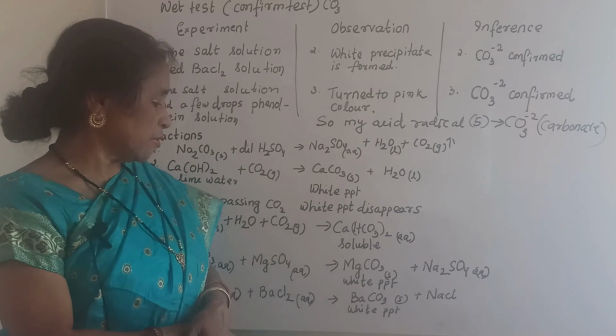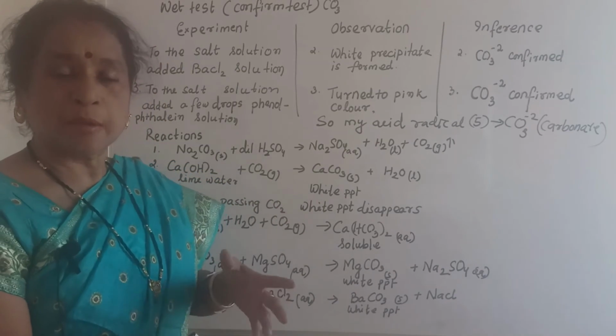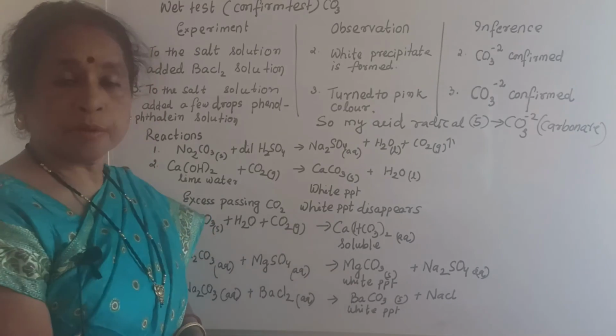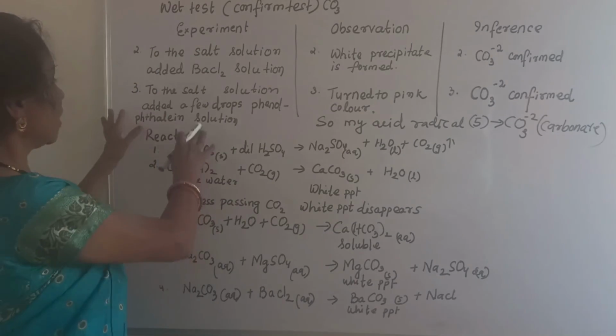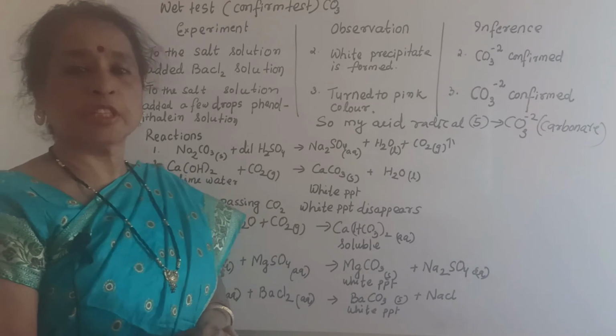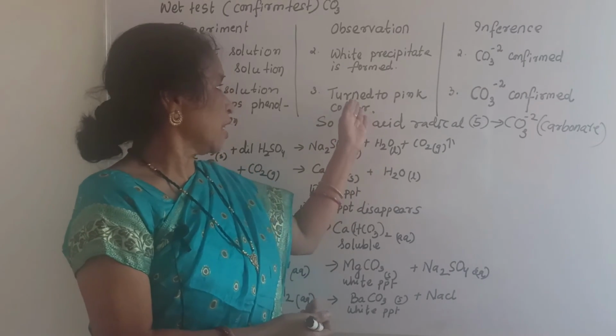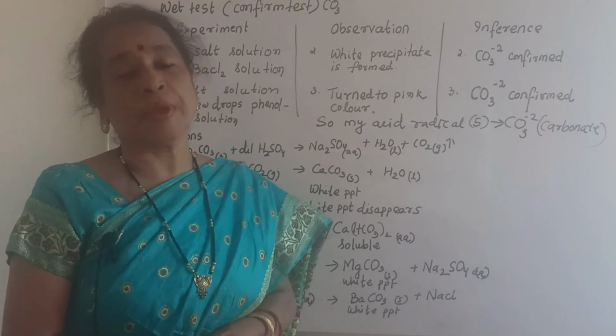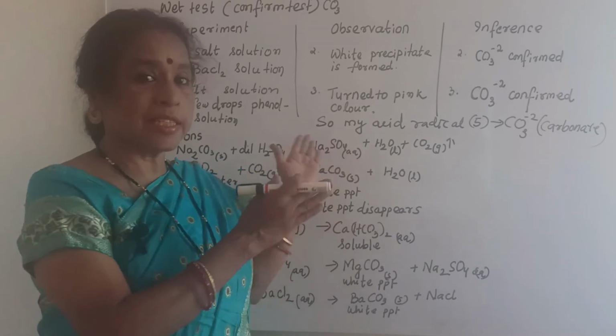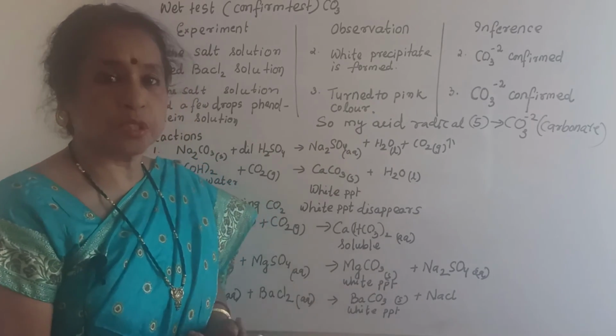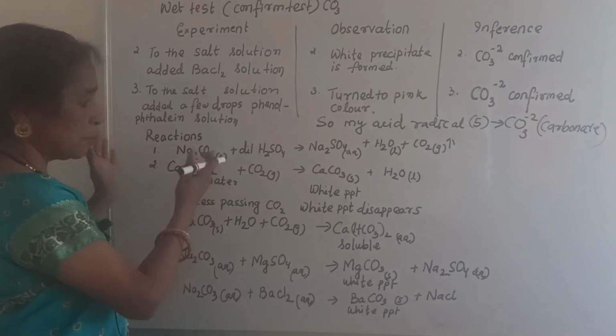First one magnesium carbonate, second one barium carbonate, white precipitate. And now the last one, phenolphthalein solution, where the whole solution turns pink, because it is an alkali. I hope it is clear.